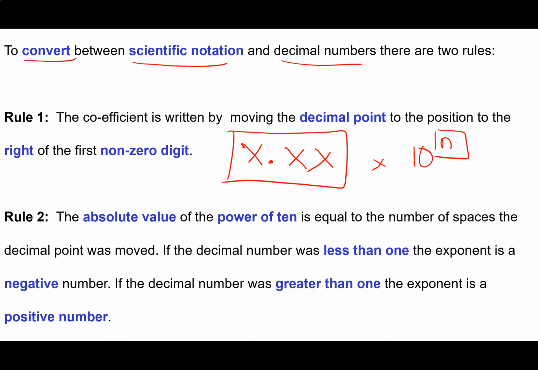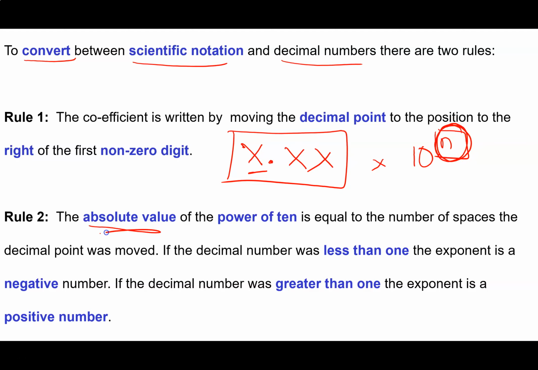So you can always go ahead and write your coefficient, because remember your coefficient only has one non-zero number to the left of the decimal point. So the first thing you're going to do is write your number out again, but you're going to move the decimal point so that you leave just one non-zero to the left of the decimal point. Okay, so that's what we're going to do, right? We're going to make sure that we have a coefficient like that. Now when we're moving the decimal point, we're going to keep track of how many spaces we moved the decimal point. So the next thing we have to do is to decide the size of n.